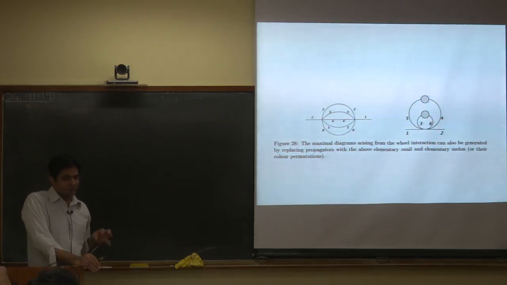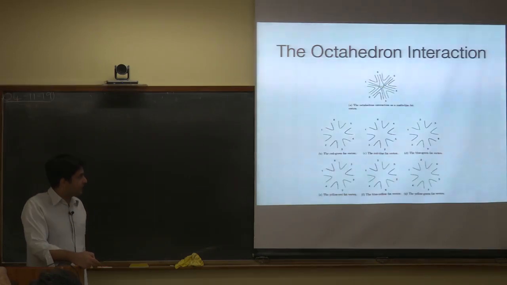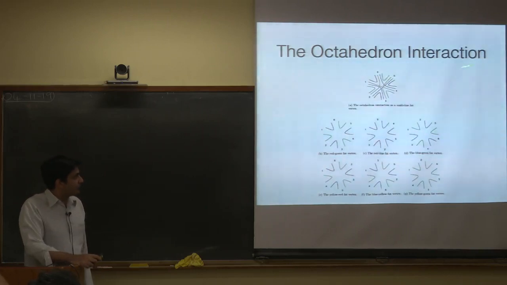We do a perturbative RG later, like a two-loop RG at finite n. That's a good question. For the octahedron, the analysis turns out to be simpler because there are actually more colors.